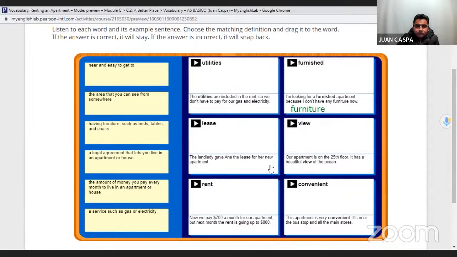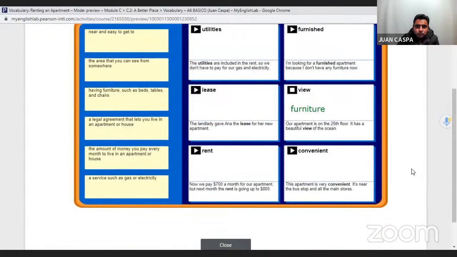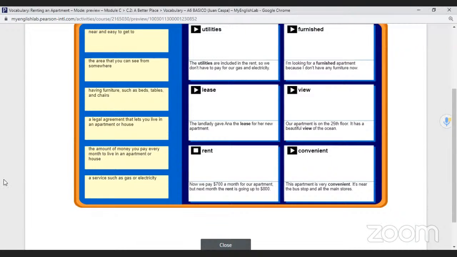Okay. View. Our apartment is on the 25th floor. It has a beautiful view of the ocean. Beautiful view. And then we have rent over here. Rent. Now we pay $700 a month for our apartment, but next month the rent is going up to $800.